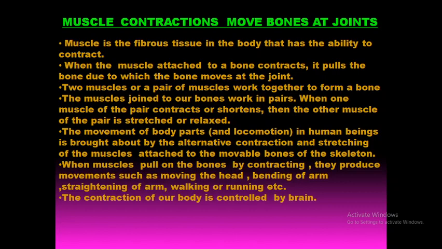So in order to bring the muscle to its normal or original state, another muscle has to pull the bone. Here I am telling you how. The muscle has to contract to move it in the opposite direction.